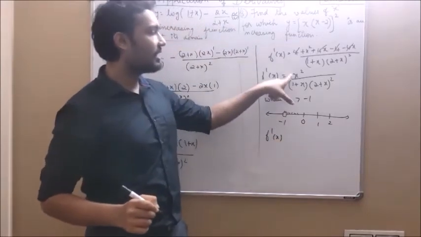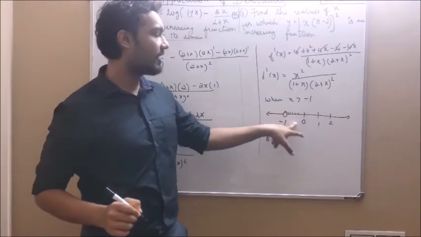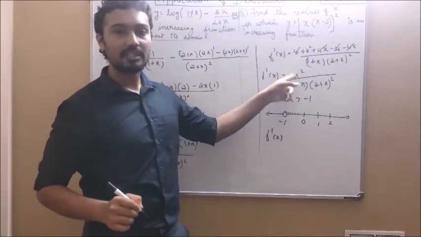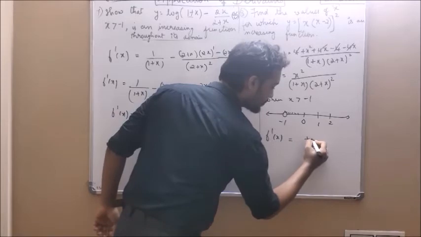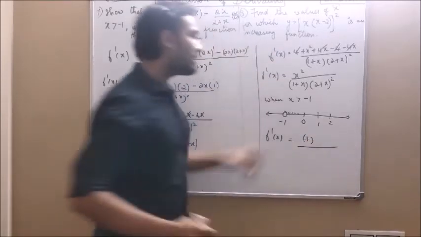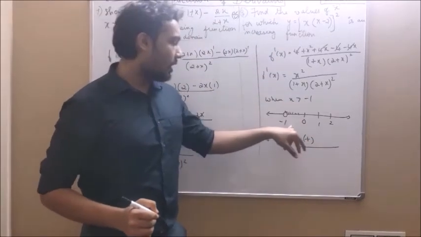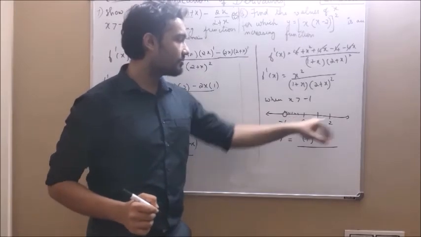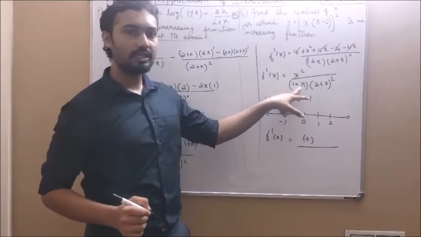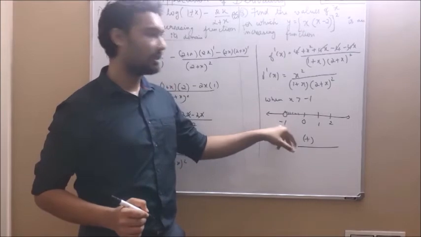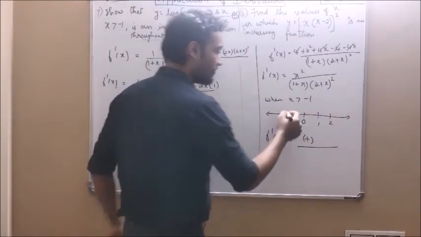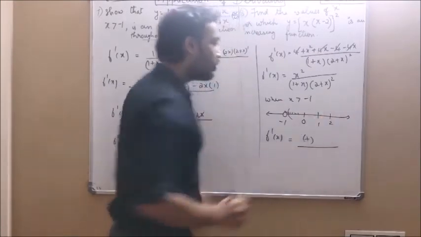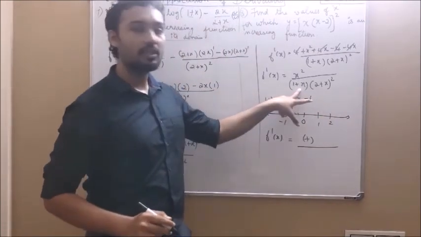In f dash of x, x square is there. You take any value, x square is always positive. So in the numerator it is positive. We'll check the denominator, 1 plus x. This will become 0 when x equal to minus 1, but x is not equal to minus 1. This will become negative if you take any value on that side, but we are taking only these values. So this will not become negative.